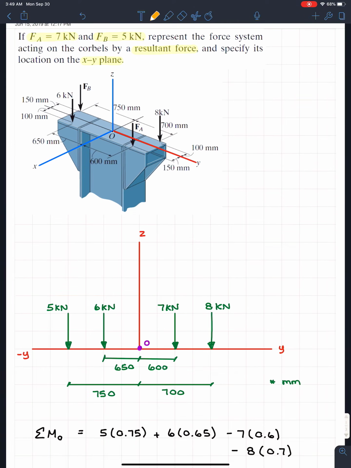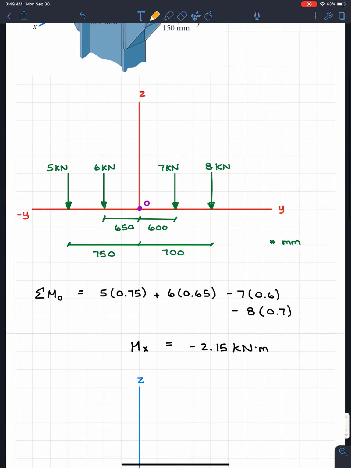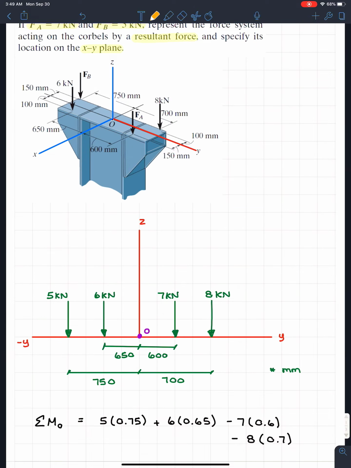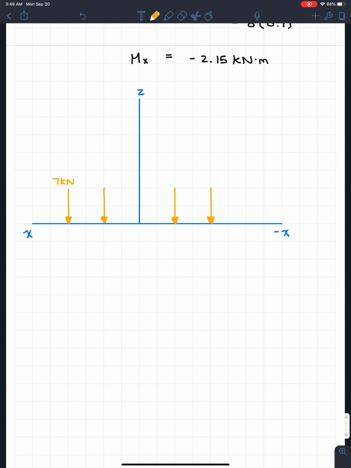Now we're just going to label them. Let's find the one that's furthest along the positive x-axis. That looks like it's going to be FA, which is 7 kilonewtons. So I'm just going to write 7 kilonewtons. And then the next one's going to be the 6 kilonewtons.